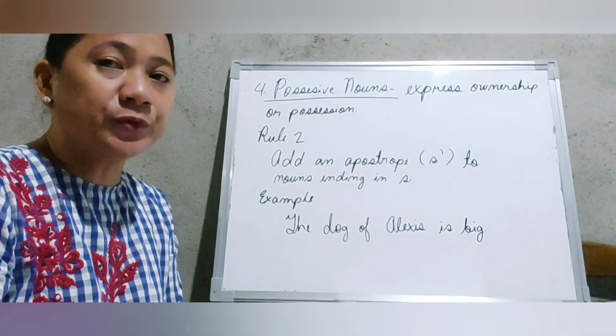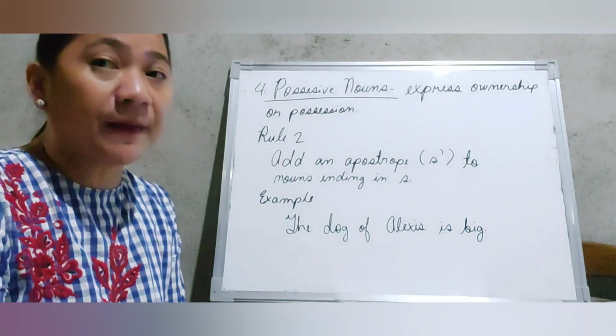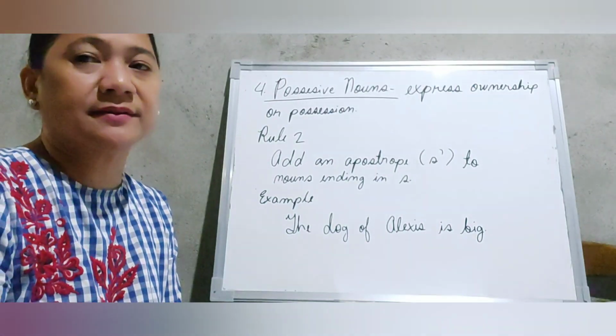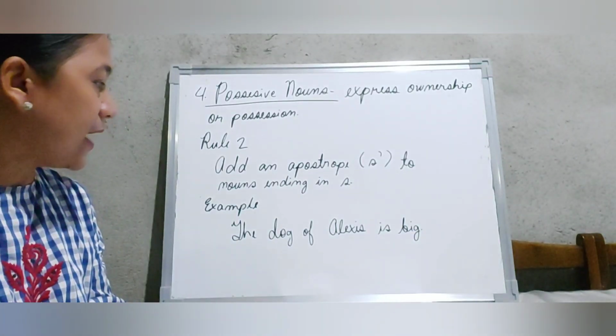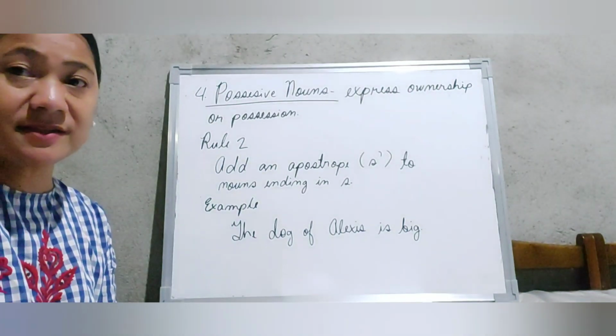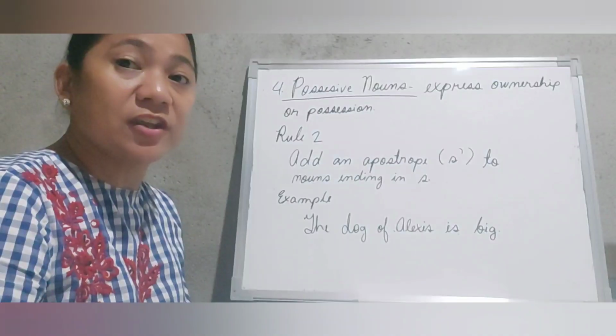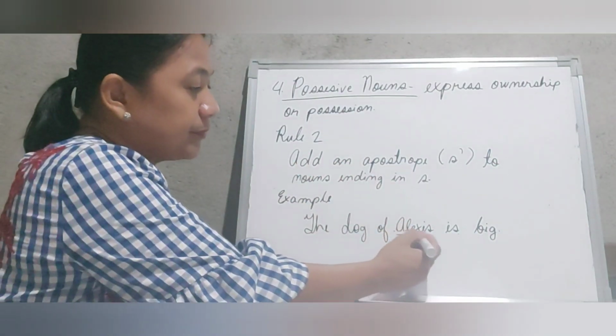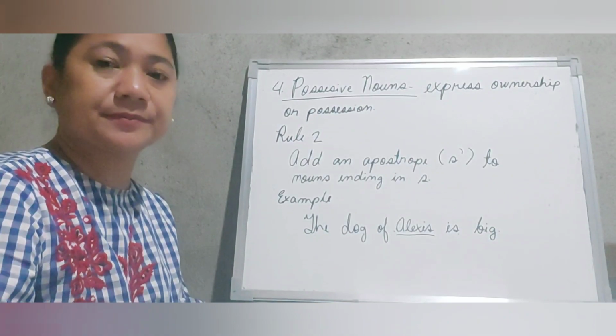And rule number 2 is to add an apostrophe to nouns ending in S. Let us read again the example that we have on the board. The dog of Alexis is big. The singular noun in this sentence is the word Alexis.